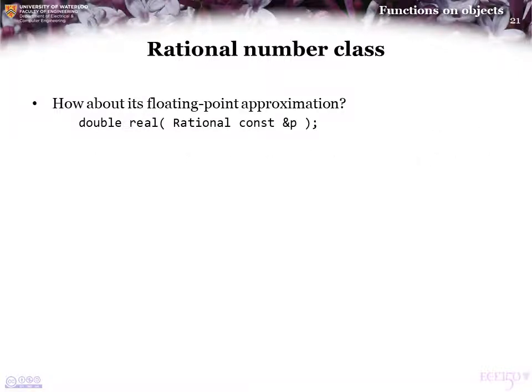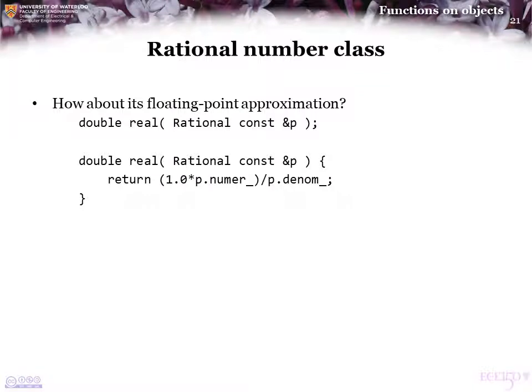Now, how about converting a rational number to a double precision floating point number? So basically converting a rational into a real number. Well, we cannot just divide the numerator by the denominator since they are both integers.